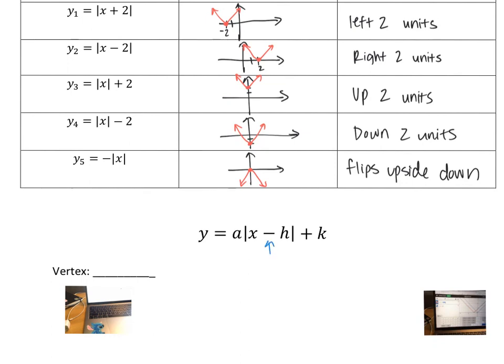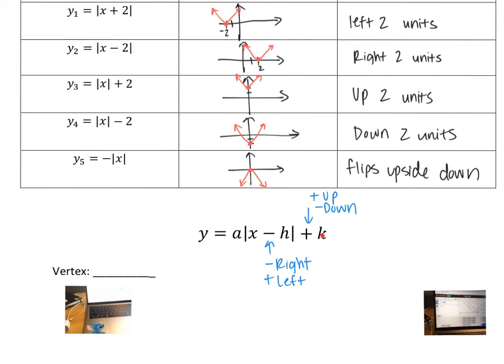If this inside here is a negative, you're going to be moving right. If it's a positive, you're going to be moving left. If the outside is a positive, you're going to be moving up. If it's a negative, you're going to be moving down. So that's talking about the number that's outside. So positive up, negative down.